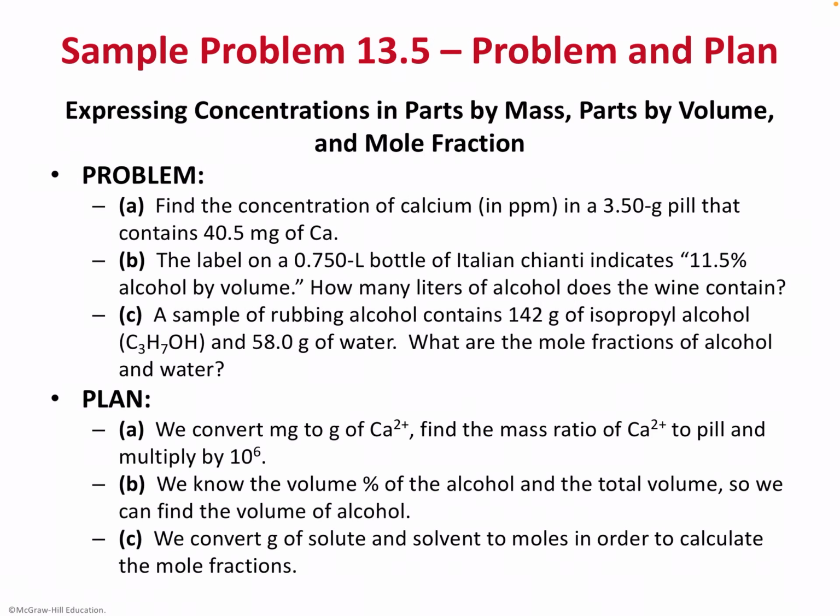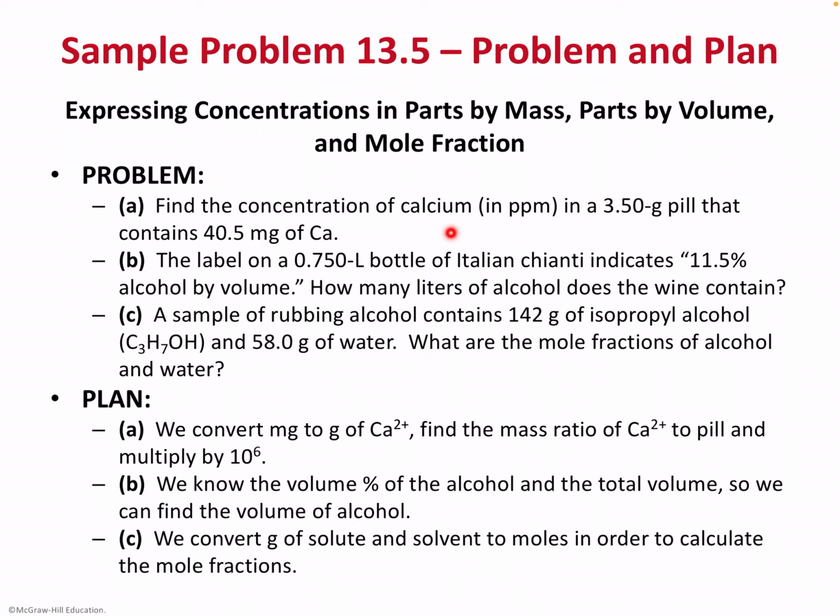Next question, find the concentration of calcium in parts per million in a 3.50 gram pill that contains 40.5 milligrams of calcium. So we are going to find the concentration, but the unit needs to be parts per million.